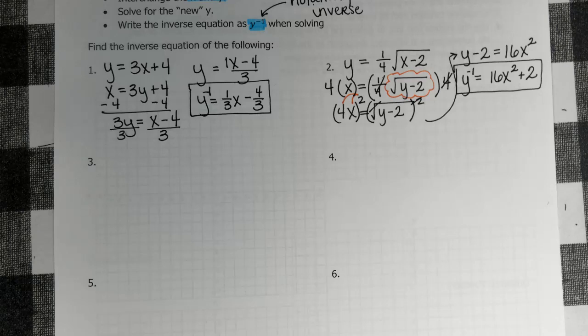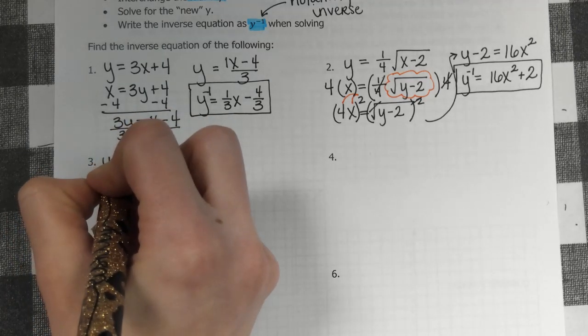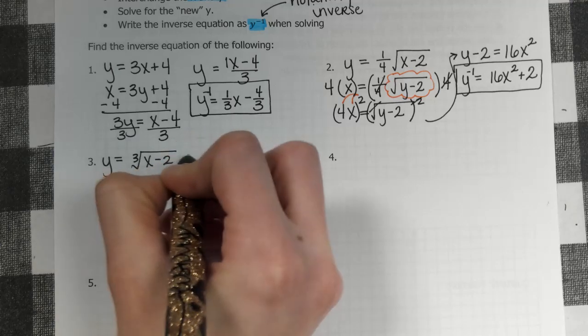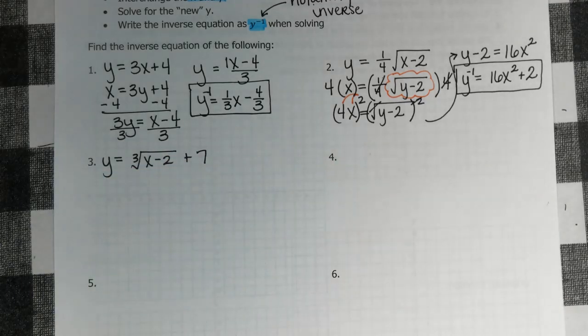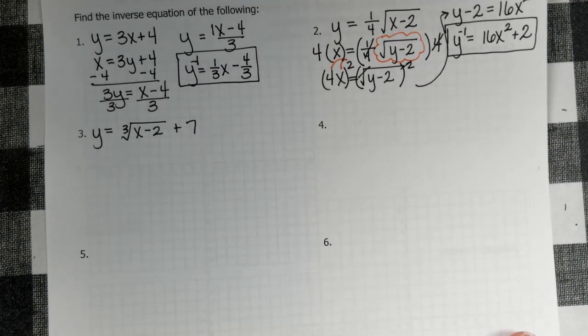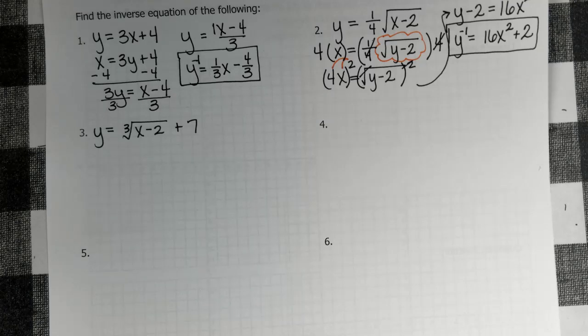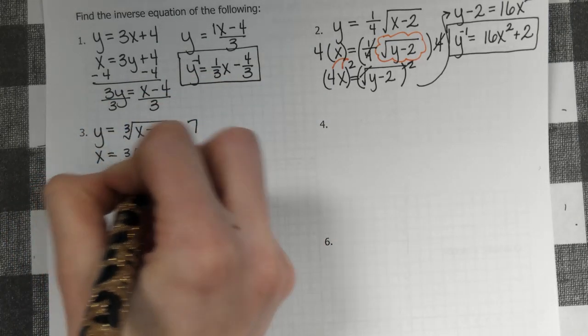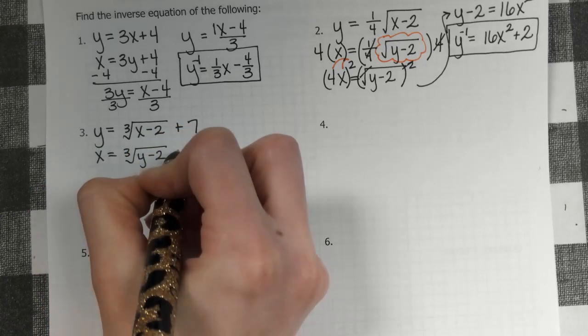Okay. So now we've got y equals the cube root of x minus 2 plus 7. I'm going to interchange my x and y: x equals the cube root of y minus 2 plus 7.